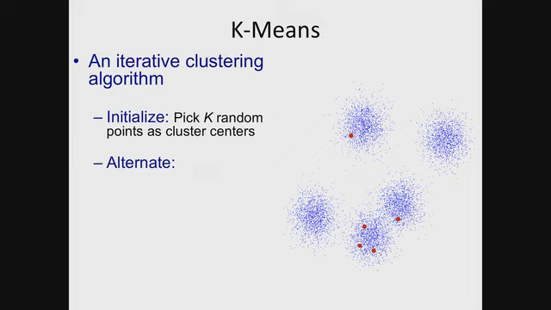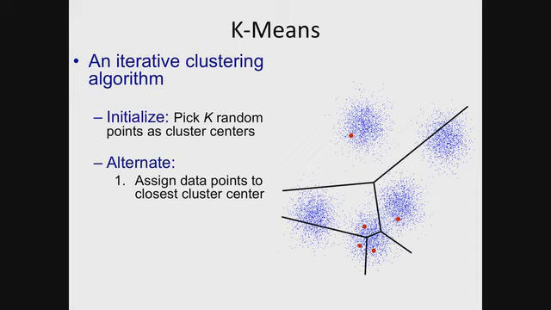And the k-means algorithm is very simple. It works as follows. You hypothesize a number of clusters. So here we've hypothesized 5 clusters. You're going to randomly initialize those cluster centers, which I'm denoting by those red points shown here. Then in the first stage of the k-means algorithm, you're going to assign every data point to the closest cluster center. And that's going to induce a Voronoi diagram where every point within this Voronoi cell is closer to this red point than to any other red point.